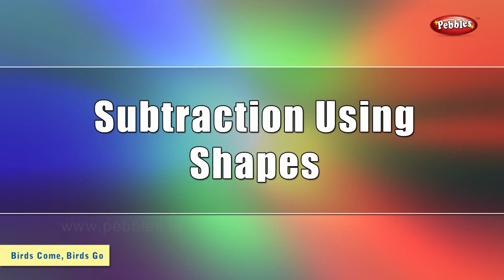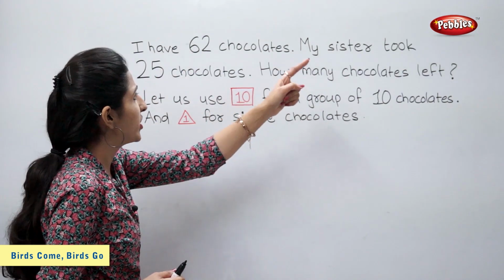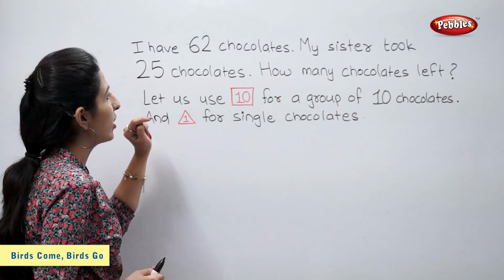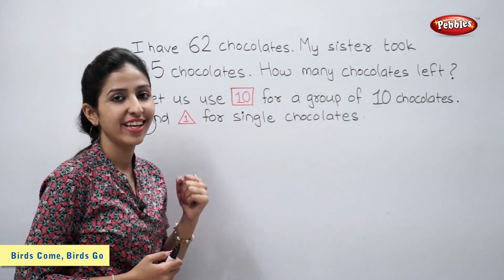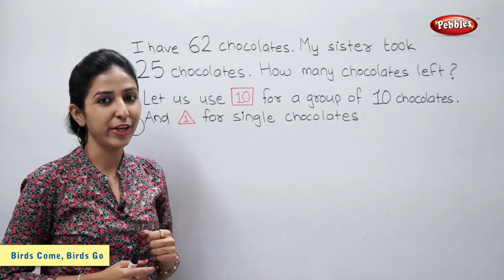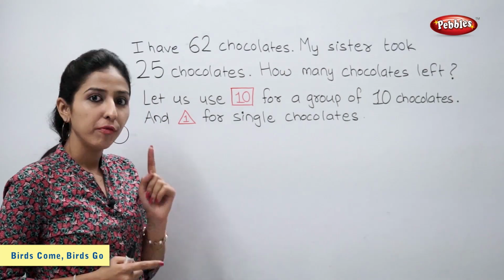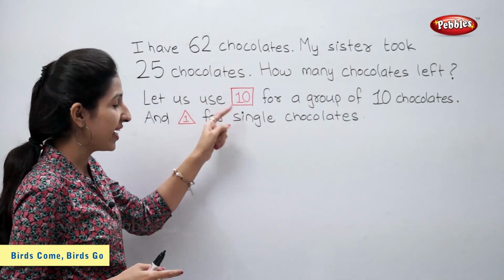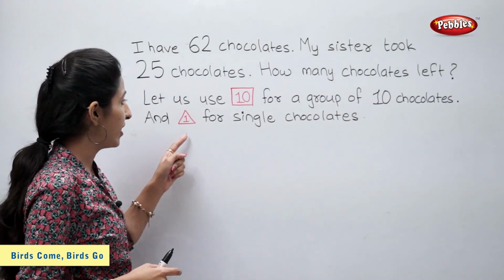Subtraction using shapes. I have 62 chocolates. My sister took 25 chocolates. So, how many chocolates left? Students, let's solve this example using the method of tens and ones. For tens, we will use a square. For ones, we will use a triangle.